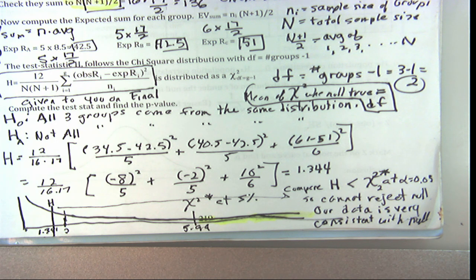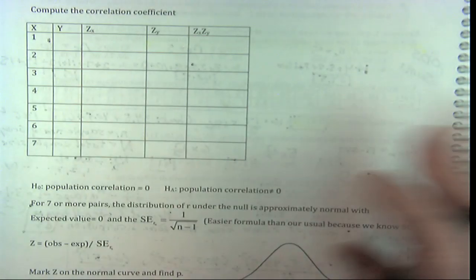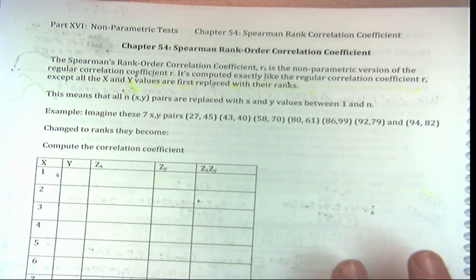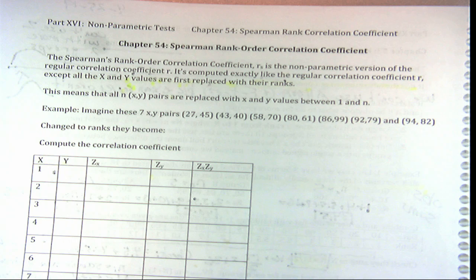You don't always want a p-value less than 0.05; you would hate it if it was here. It would mean that one exam was much harder than the others. Okay, so that's the idea. Any questions on that before we move on to our last non-parametric rank test?